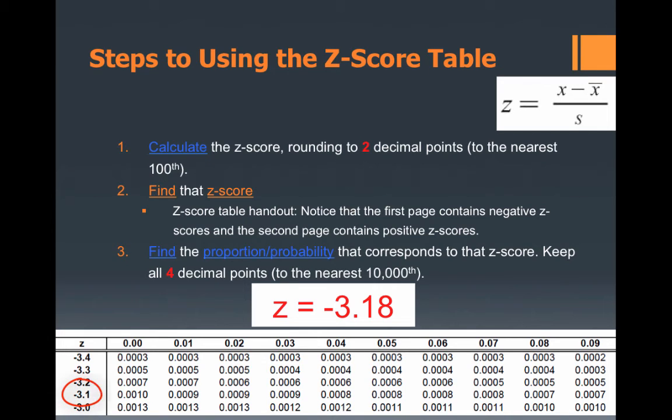So here's negative 3.1, and we need 3.18, so that takes us to here. The probability that corresponds to a z-score of negative 3.18 is 0.0007. This is your proportion, or your probability, that corresponds to the z-score.